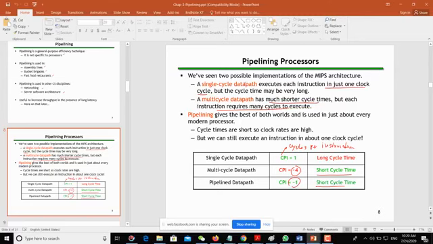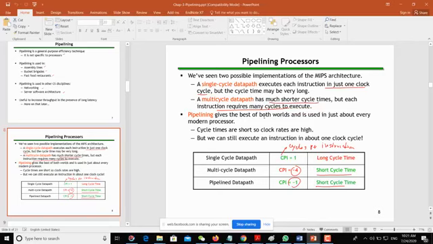So we have two implementations. One is single cycle, in which the instruction executes in just one clock cycle, but that cycle may be very long. In the other, the instruction executes in a shorter cycle, but may require too many cycles to execute.